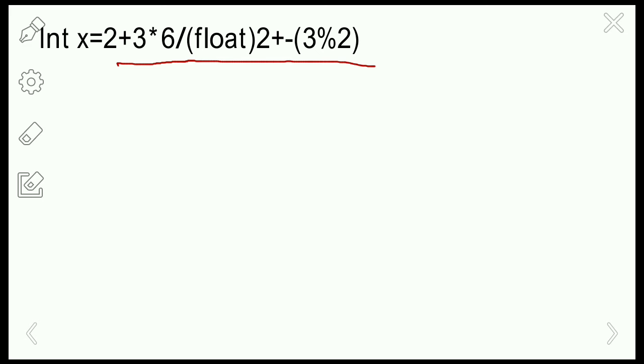To see how an expression is evaluated, let us consider an arithmetic expression. We are going to solve it step by step by applying the precedence and associativity of the operators.